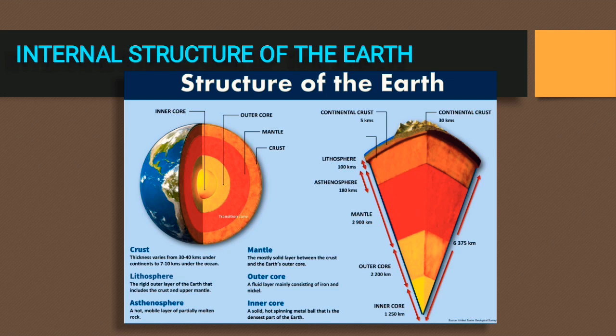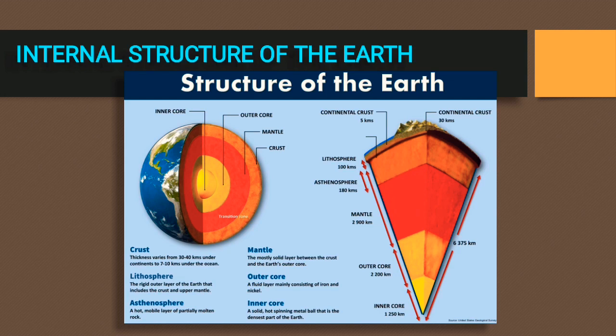It is a fluid layer mainly consisting of iron and nickel, and the solid inner core, which is the solid hot spinning metal ball that is the densest part of the Earth.